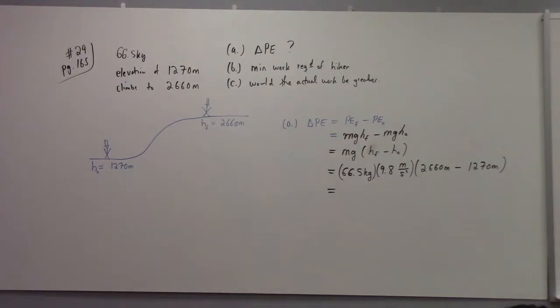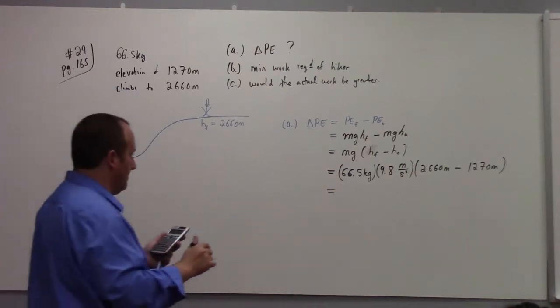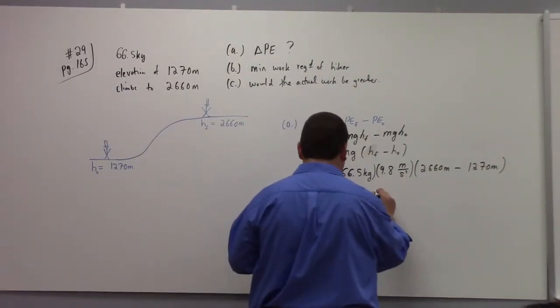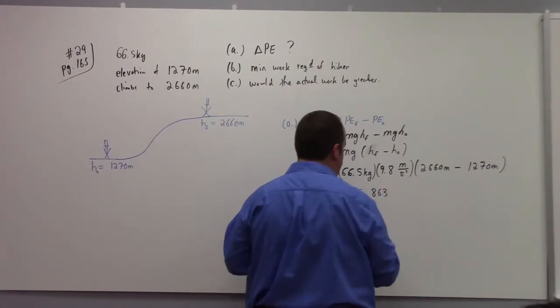Oh, I know what I did. I did 2260. It's 2660. My bad. I have 905,863. What are the units? It's energy.